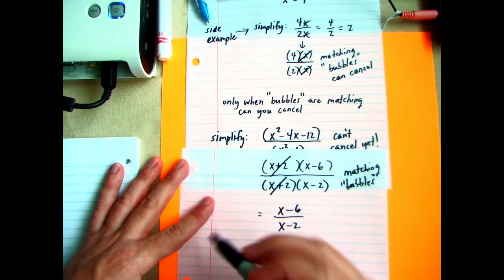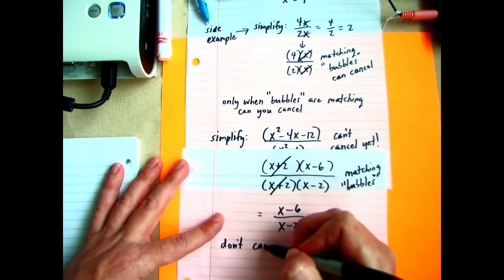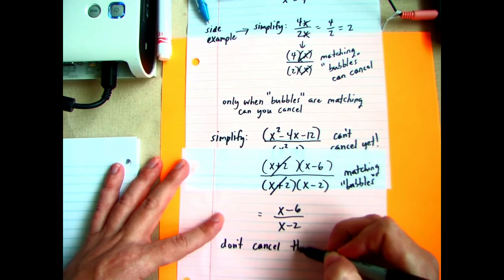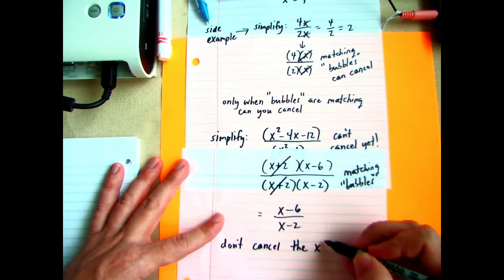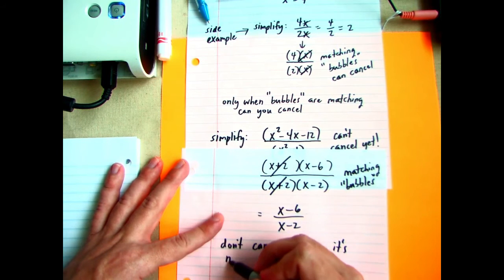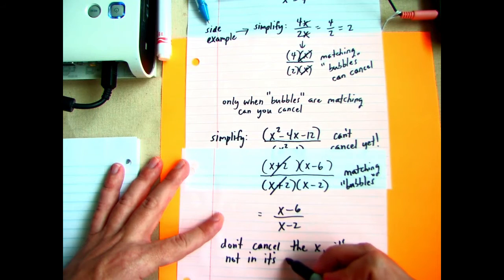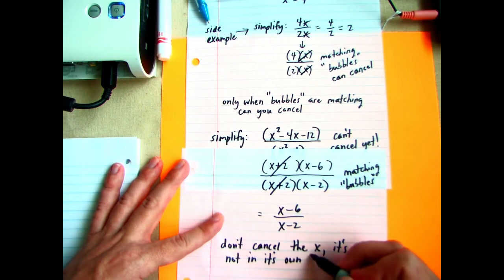Do not get the impulse to cancel those x's. The x's cannot be canceled because what is the bubble? The bubble in the numerator is x minus 6. The bubble in the denominator is x minus 2. Those don't match. They can't cancel.